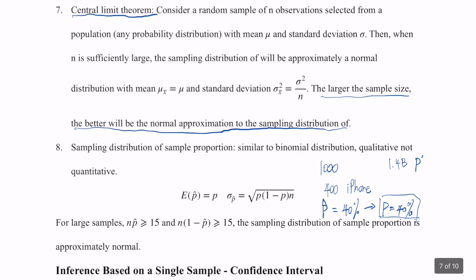We can say it's p percent. So if you draw a sample of 1,000 people from 1.4 billion, and the proportion of people who have an iPhone among the 1.4 billion is p%, it means that 1 minus p% of people do not have an iPhone.